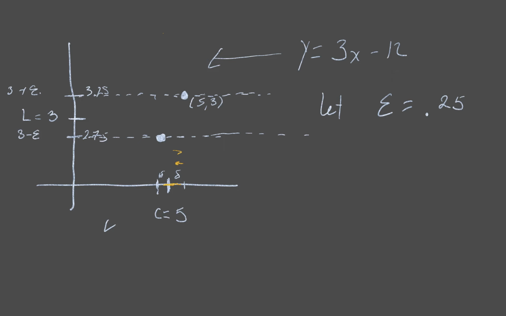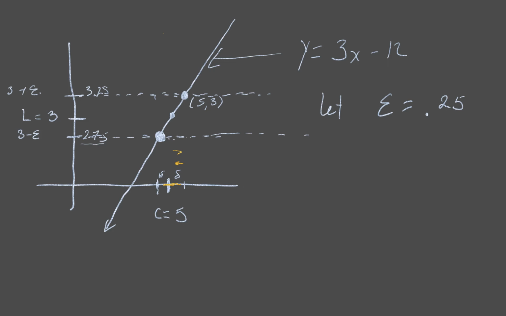So here's my point at c equals 5. I'm going to try and figure out where the function crosses these epsilon boundaries, the top epsilon boundary and the bottom epsilon boundary. So I want to know what this point is.